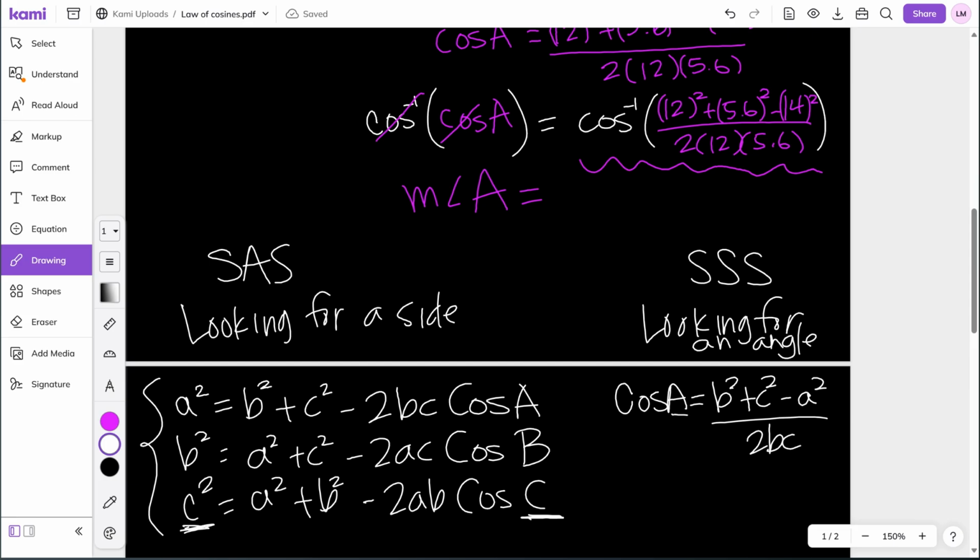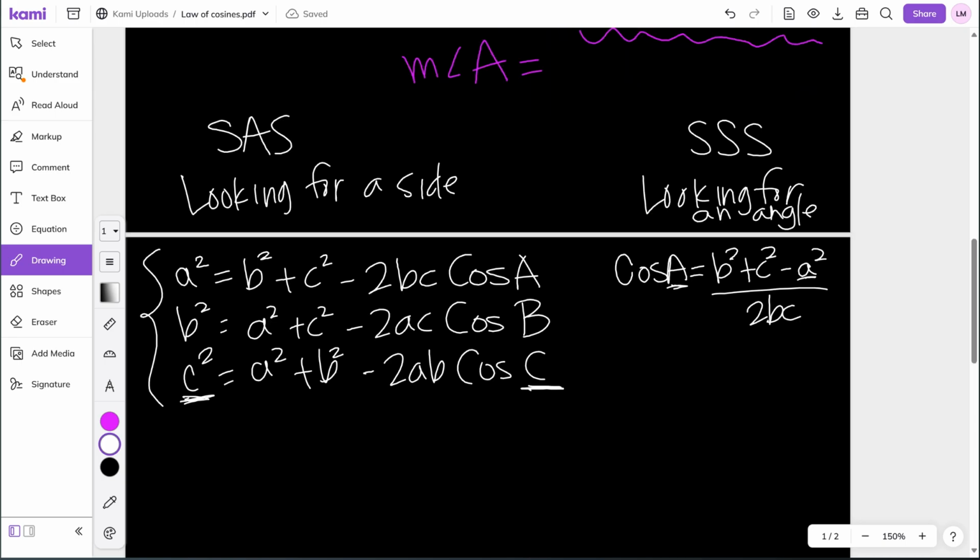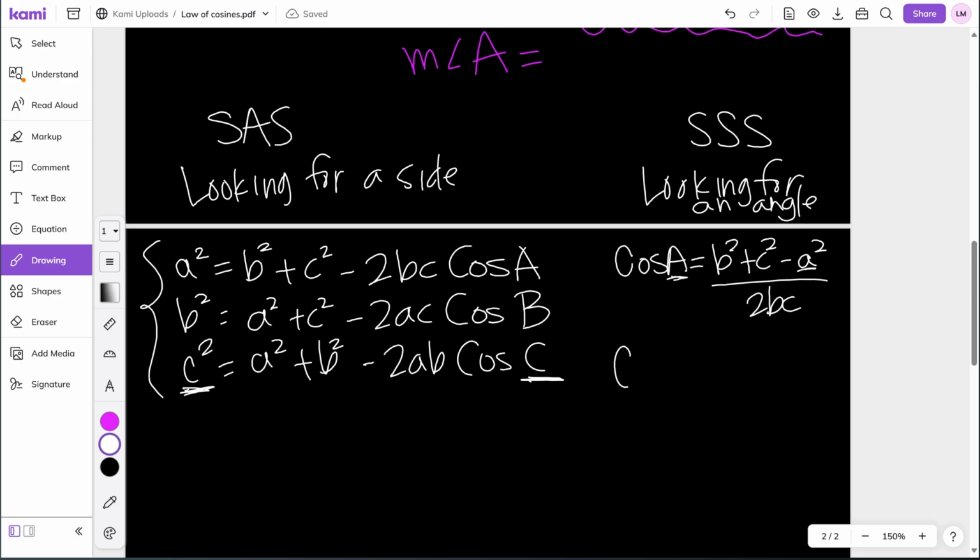All right, so whatever angle I'm looking for, the side is over there, and that's the only subtraction in the problem. All right, let's write cosine B out. So that means it's a squared plus c squared minus b squared over 2ac. All right, can you do cosine C without me?